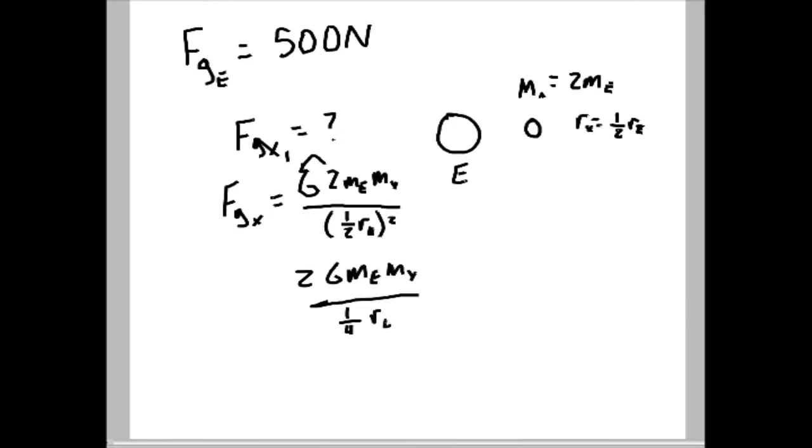Well, dividing by 1/4 is like multiplying by 4. So again, I factor out all the numbers and I'm left with just G, mass of Earth, my mass over the radius of the Earth squared. If I take that 4 and bring it up top, I end up with 8G m_E m_y over r_E squared, which is my weight on Earth, which means I would end up weighing 8 times as much on planet X as opposed to Earth.